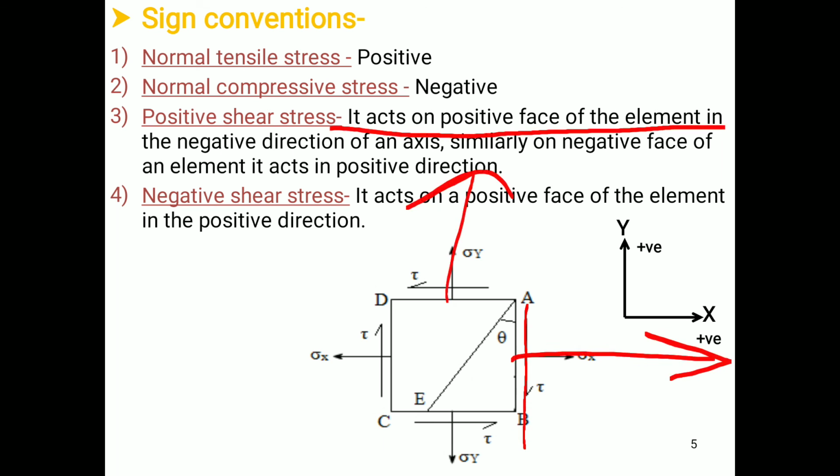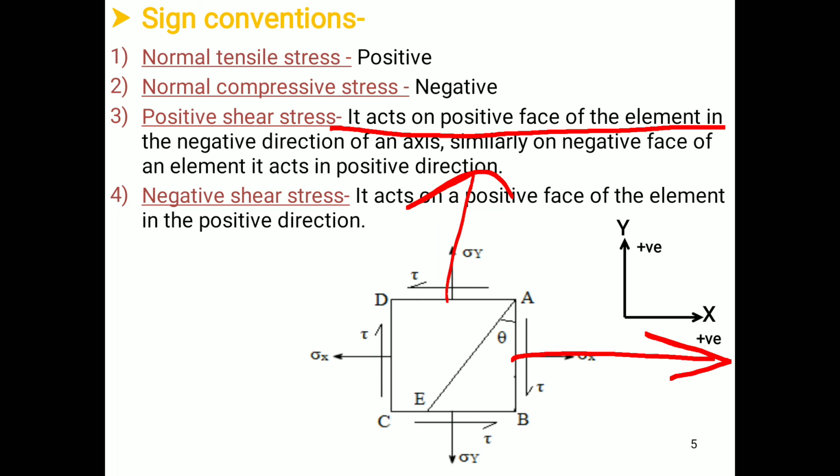It is acting along negative y direction, and this shear stress is acting along negative x direction. Such a type will be considered as a positive shear stress. You can consider sign convention as per your convenience, but in the entire unit number 5 I have considered positive shear stress in this manner.